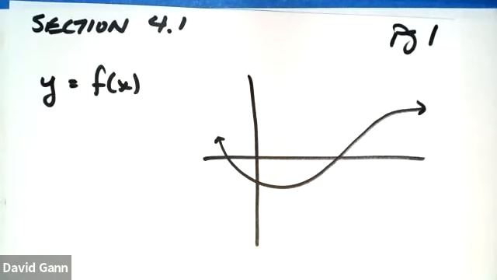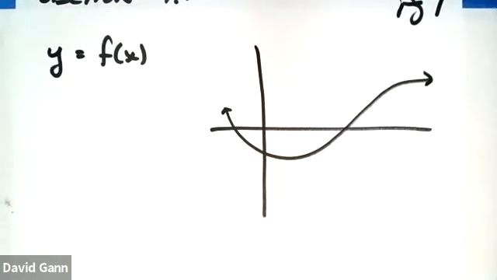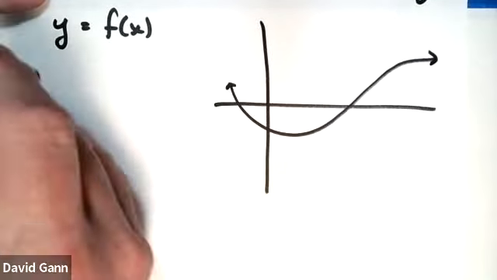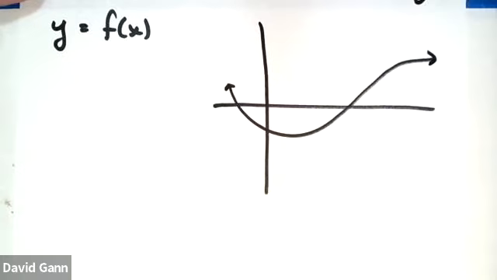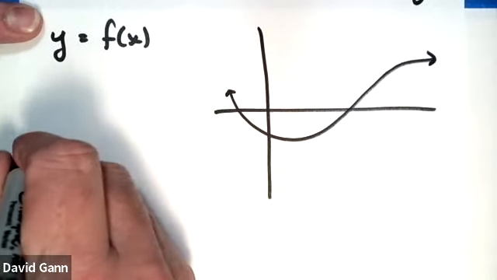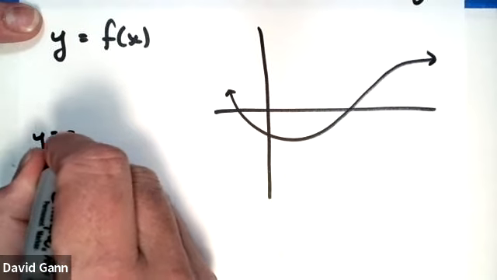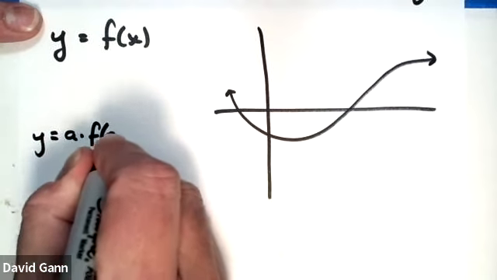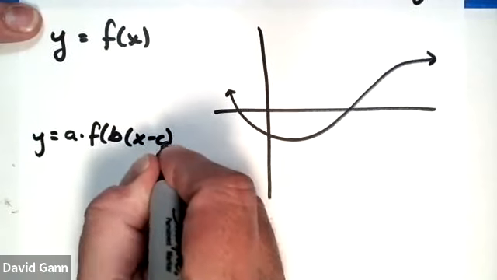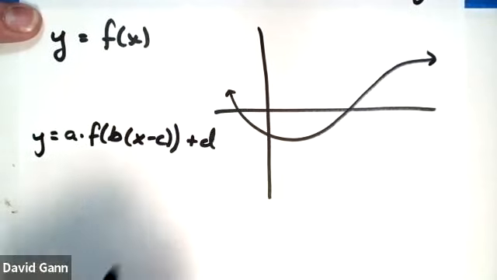So when you did this in college algebra, what you looked at was two kinds of translations, two types of transformations. And in a symbolic representation, you would have an equation that looked like y equals a times f of b of x minus c, plus d.